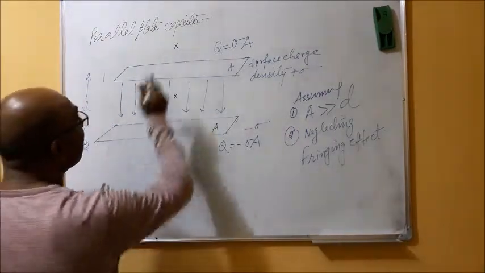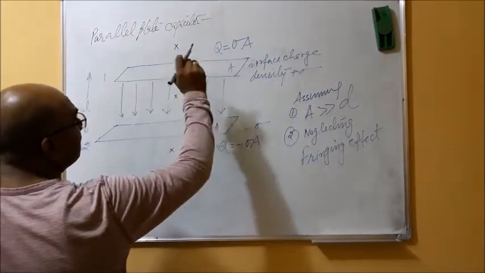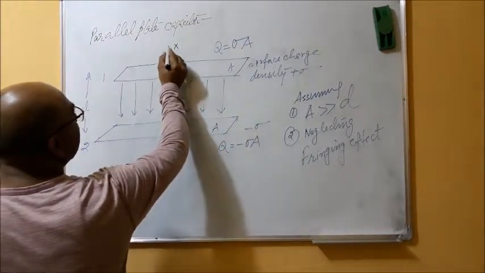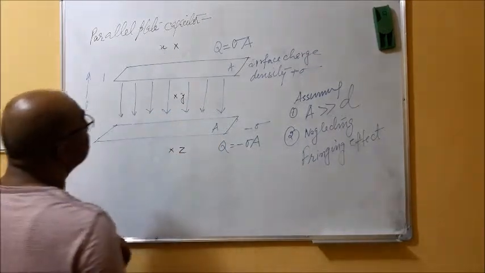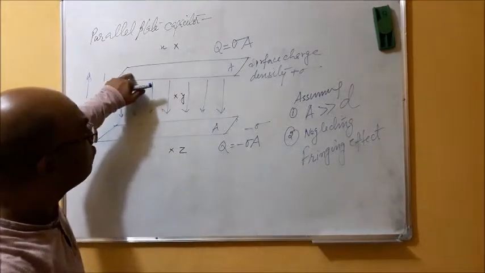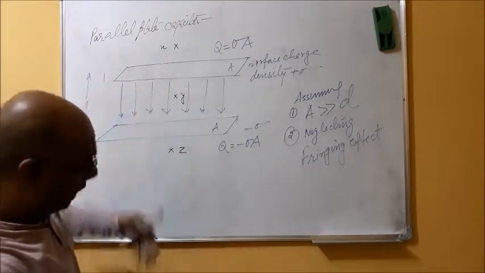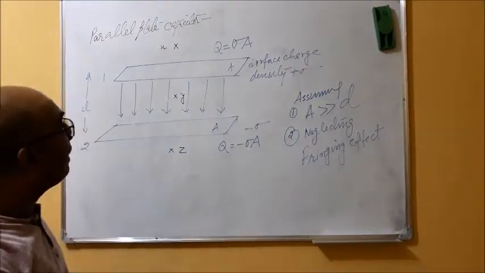Suppose this point is X, this point is Y, and this point is Z. At point X, this plus Q charge, if I want to know the value of the electric field at point X, what will happen?